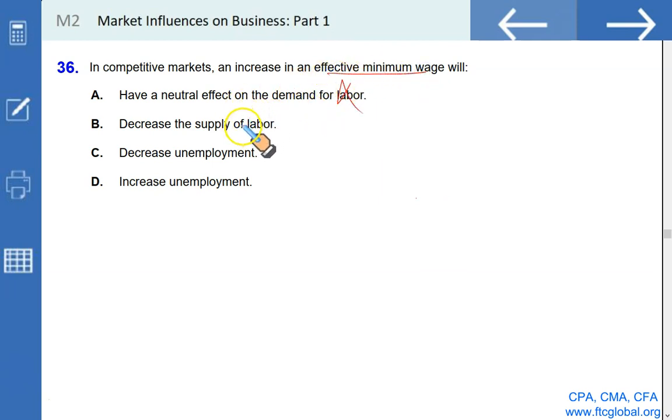There will be more people willing to work. So an increase in the supply of labor would be the right option. So I'm crossing out C. Decrease in unemployment. Wrong. Since the minimum wage has gone up, the supply of labor has gone up, many people will be unemployed. So unemployment would increase, not decrease. That makes D the correct option.